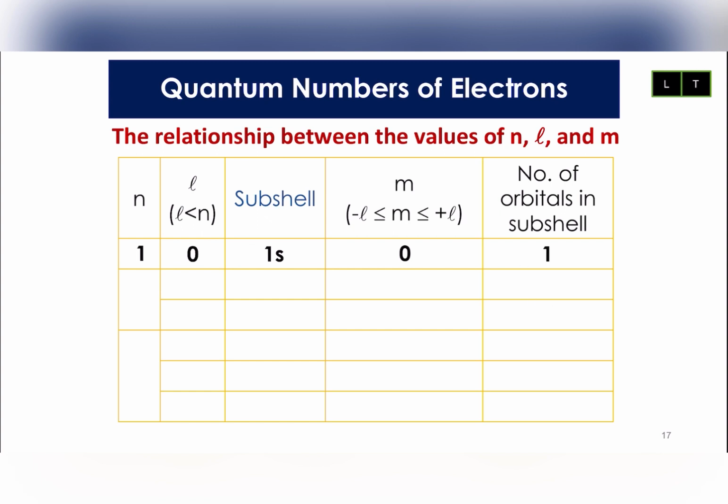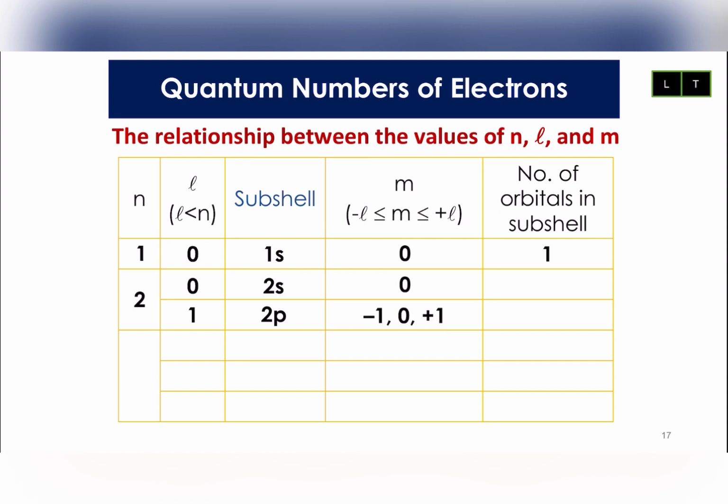Next, if I have n equals 2, I can have l values 0 and 1. So my subshells will be 2s and 2p. How about the m value? I'm going to determine them one by one. The m value for 2s will be 0. For 2p, it will be negative 1, 0, and positive 1.